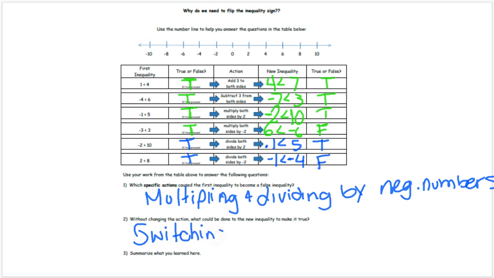If I were to switch the signs, that would make both of those inequalities now true. So I want you to take a second to go ahead and summarize what you learned on this slide.